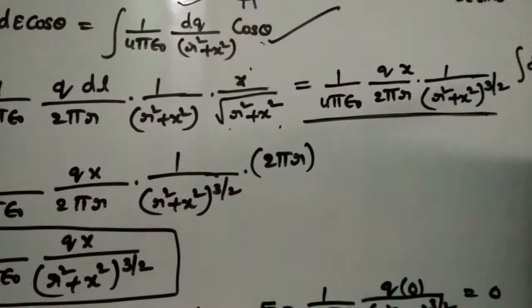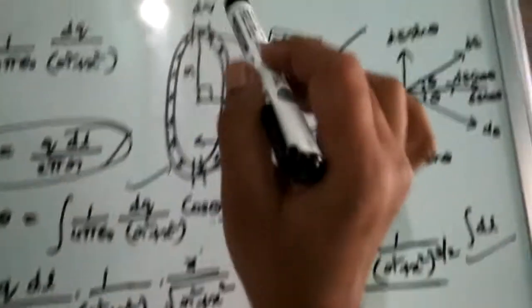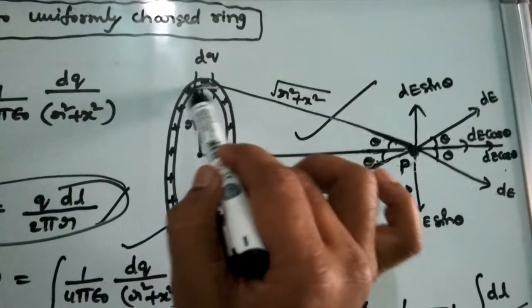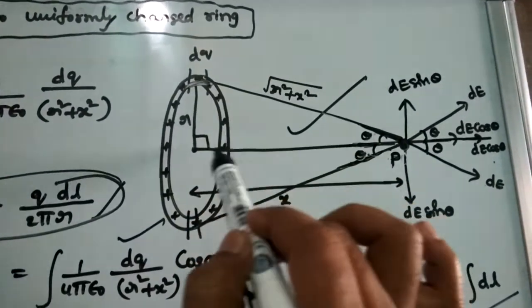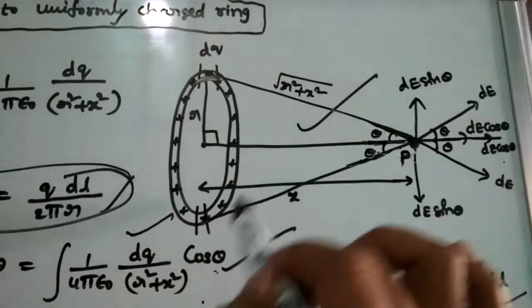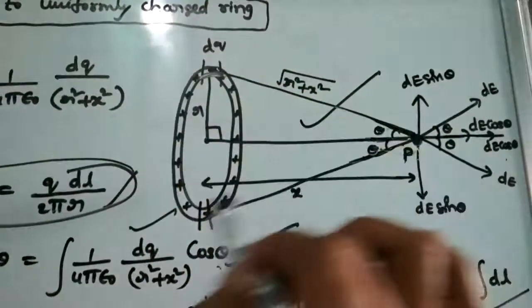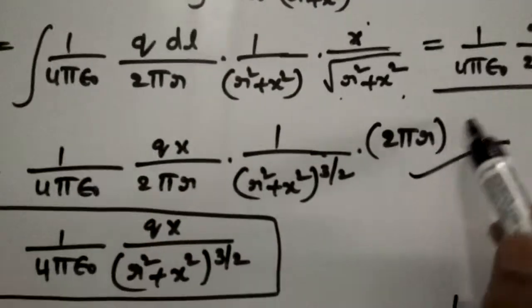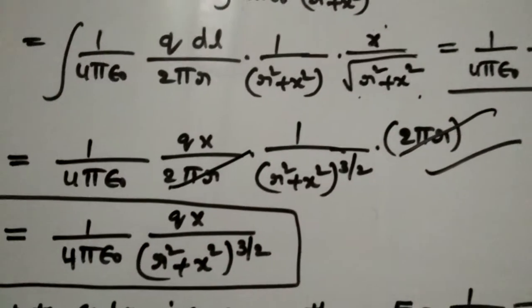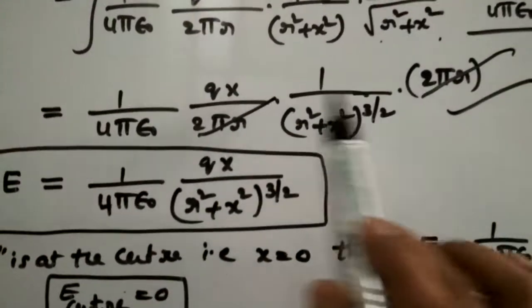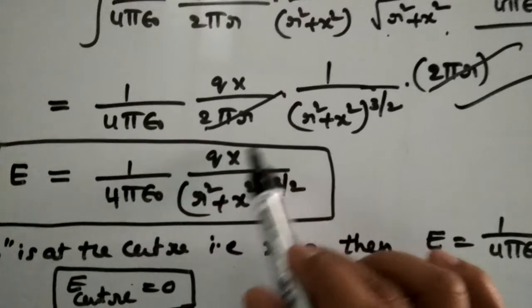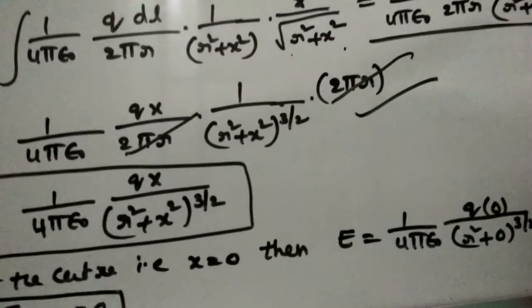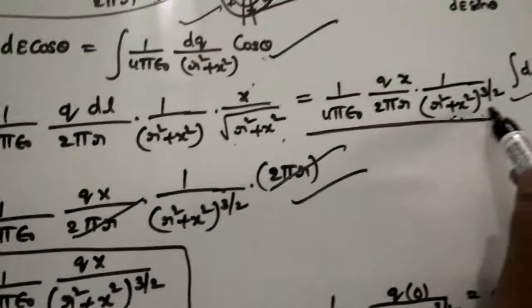Now integral dl, I told you in the diagram, this is the small portion dl, and the total integration of dl is the total circumference. The total circumference is again 2 pi r. So this 2 pi r and this 2 pi r will cancel. The remaining terms are 1 by 4 pi epsilon naught qx by r square plus x square whole power 3 by 2.